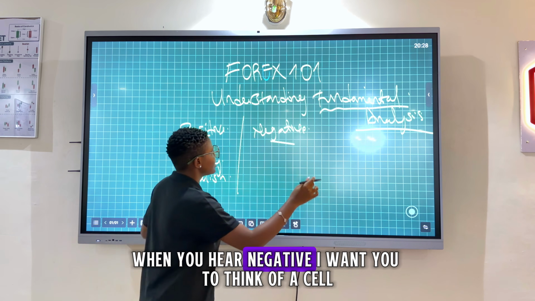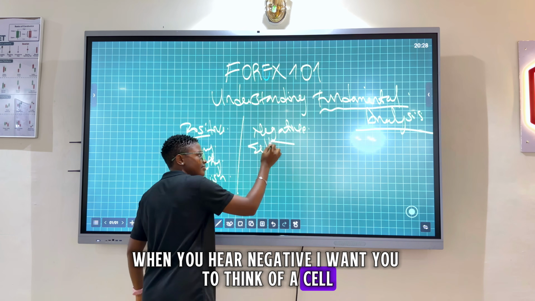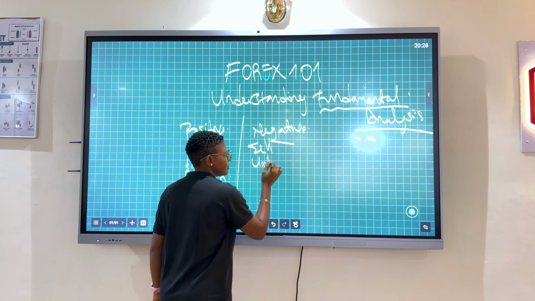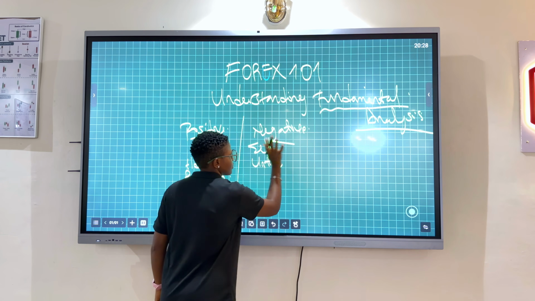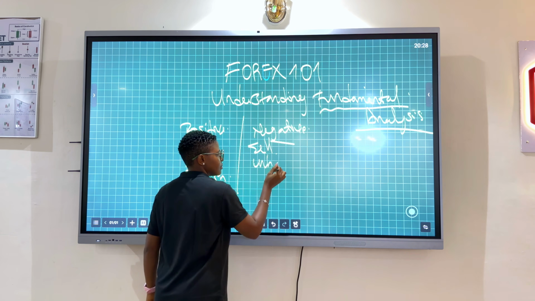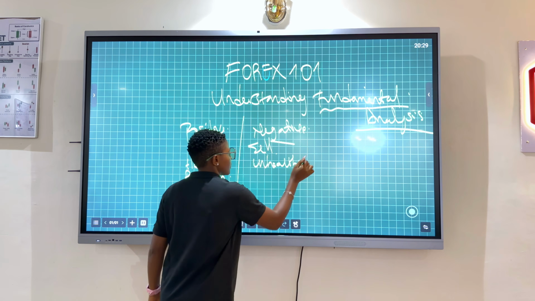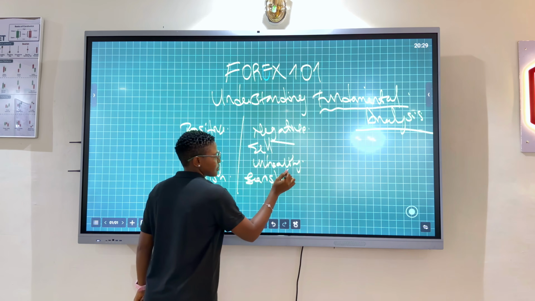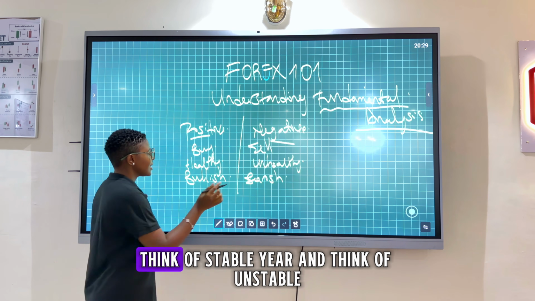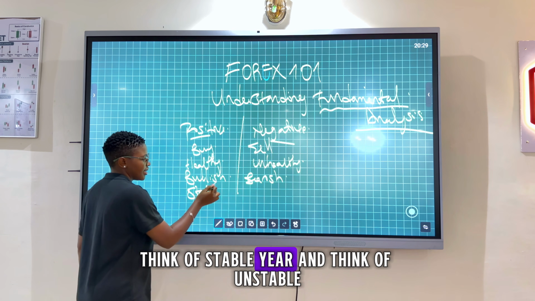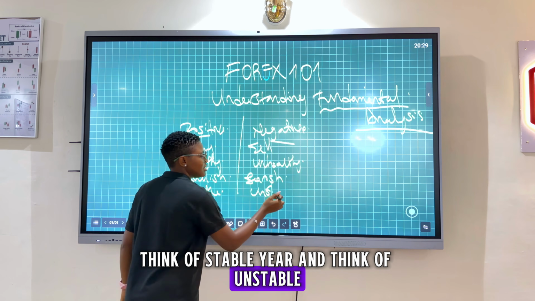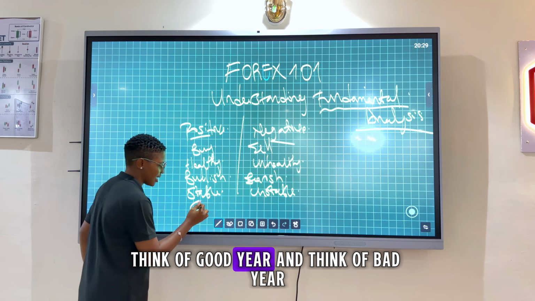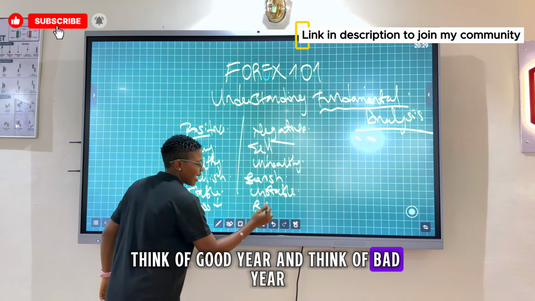When you hear negative, I want you to think of a sell, think of unhealthy. Think of bearish. Think of stable here and think of unstable. Think of good here and think of bad here.